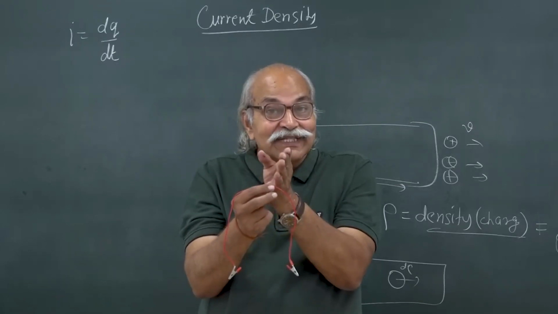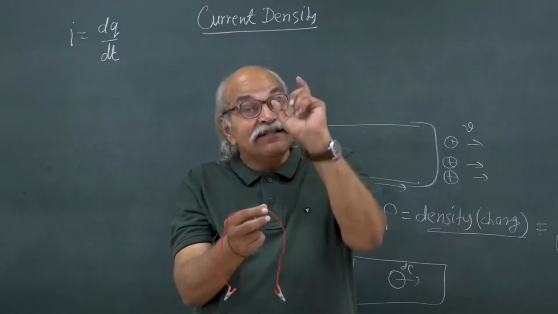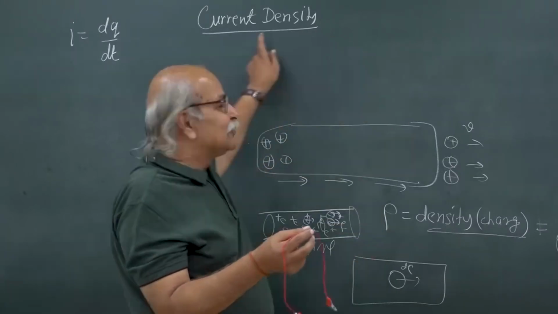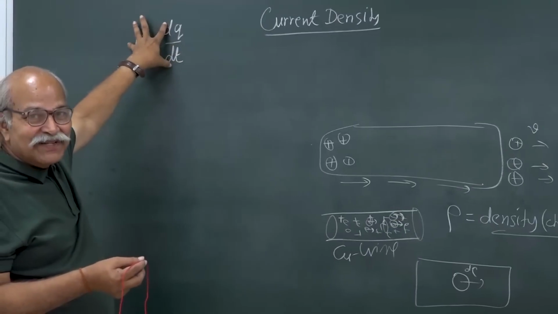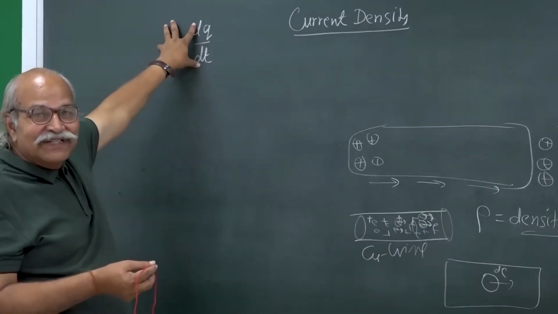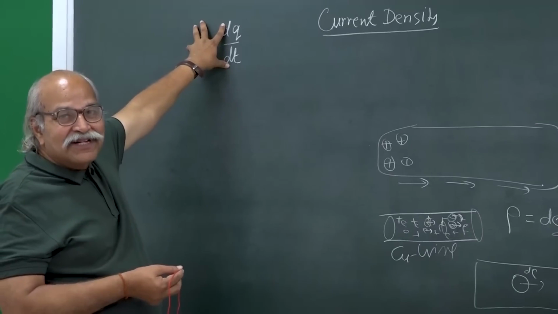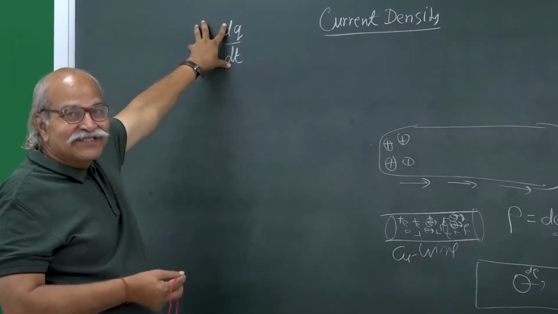The charge which is crossing this area in time dt is this dq. Understanding the equation is very important. Remembering the equation is important, but more important is understanding it.